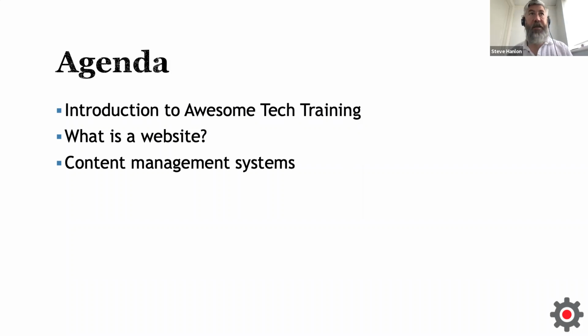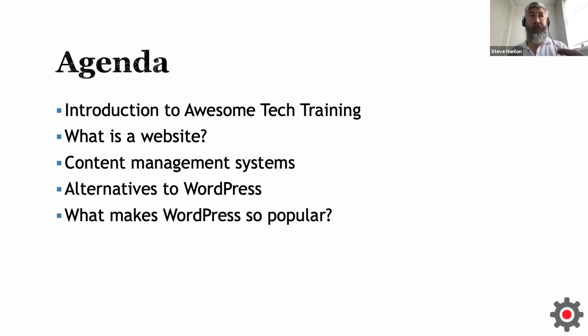And so where then does WordPress fit in? What is it? What alternatives are there? And then why it may be the tool that is good for you and your website or the project that you're putting together. And we'll finish with some next steps, some things that you can do once we've finished ourselves.